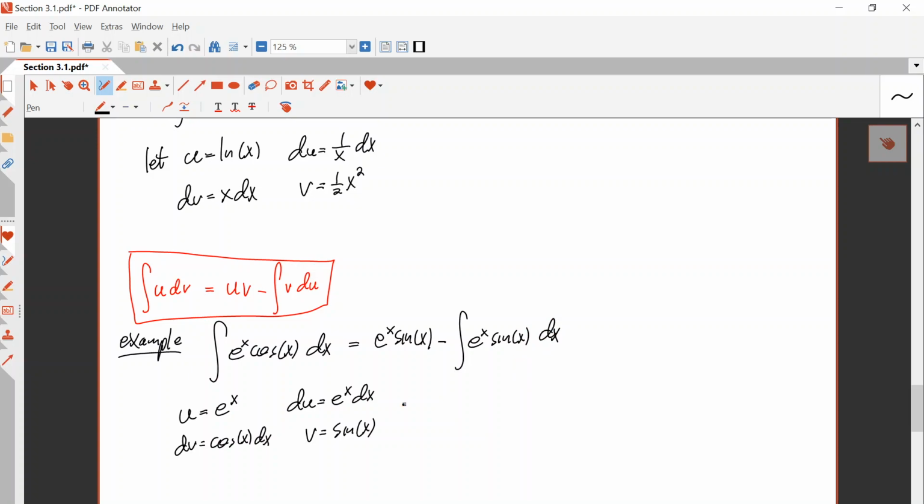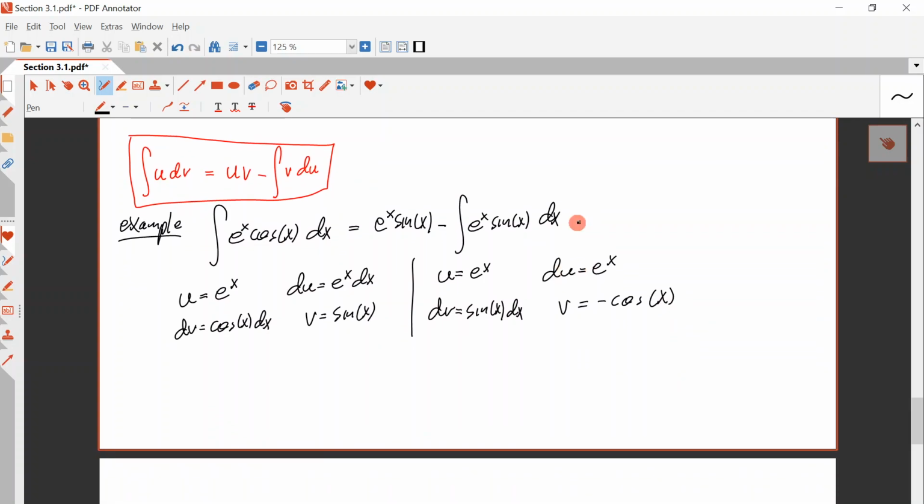All right, so now I'm going to apply the integration by parts technique again. Here again I have an exponential and a trig, so I'm going to let u be the exponential function and dv be the trig function. And the derivative of u is the derivative of e to the x, which is e to the x, and v is the antiderivative of sine. The antiderivative of dv is minus cosine.